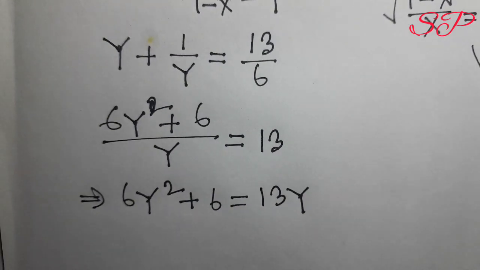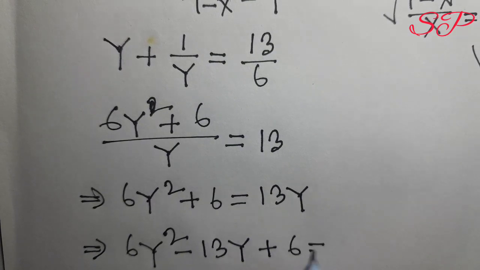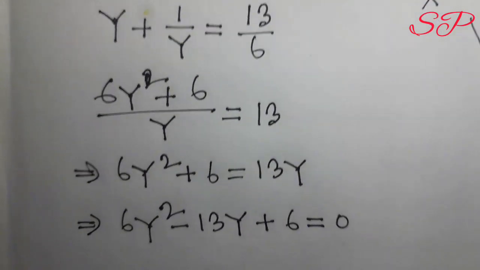Okay, my friends, then transferring 13y from the right side to the left side, we can write 6y square minus 13y plus 6 is equal to 0.